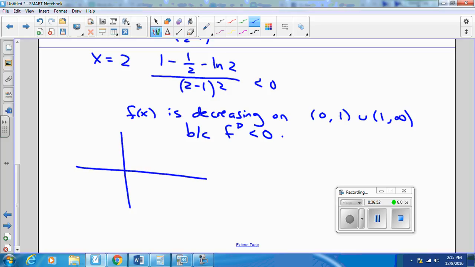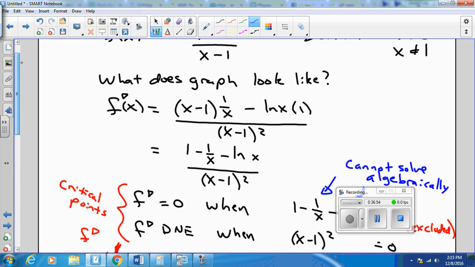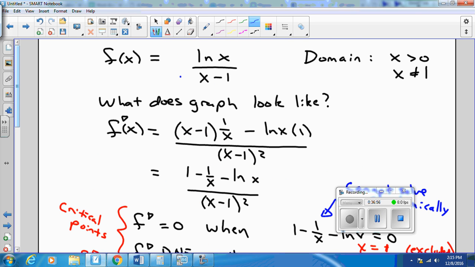For my graph, I'm going to represent the fact that my denominator goes to 0 right here. Well, that's clearly a point of discontinuity. Is that point of discontinuity going to be an asymptote, or is it going to be a hole?